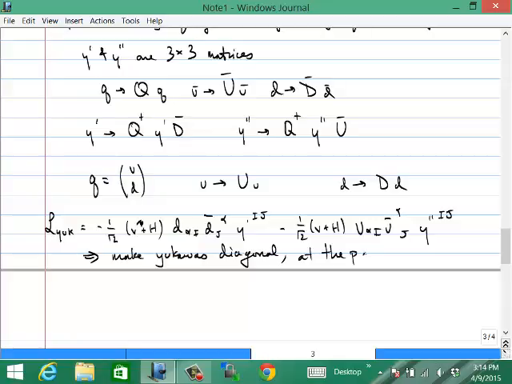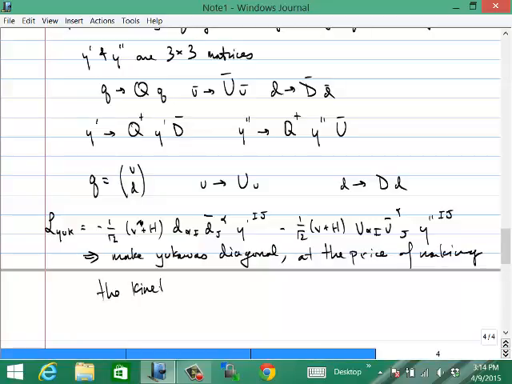But you do so at the price of making the kinetic term non-diagonal. In particular, because we're now treating the two components of that SU2 doublet differently, you're going to make the coupling to the SU2 gauge bosons non-diagonal. So when you write down the coupling between some of the electroweak bosons, the W bosons in fact, to the up and down quarks, you find that there's some mixing term between the different generations.